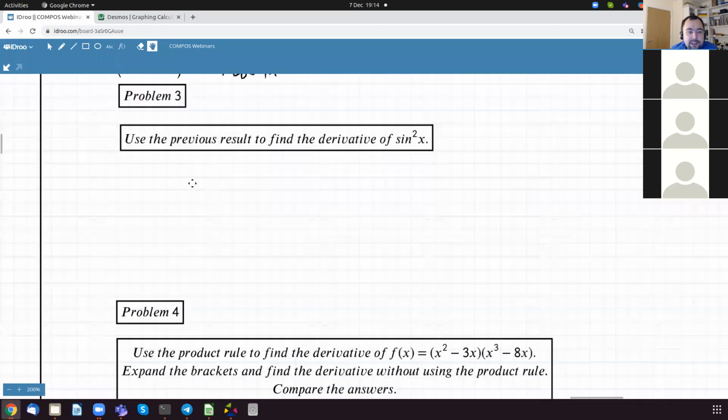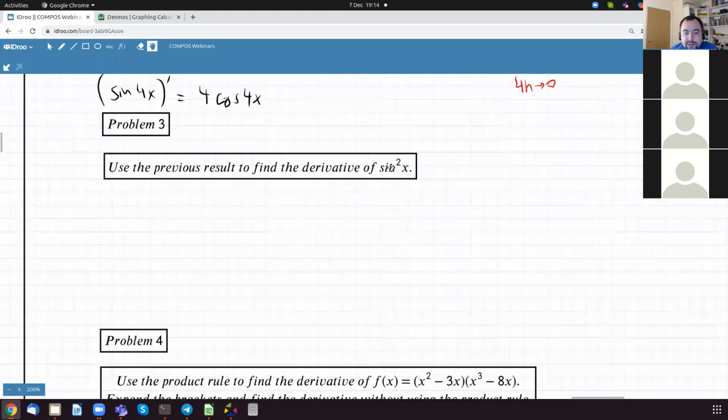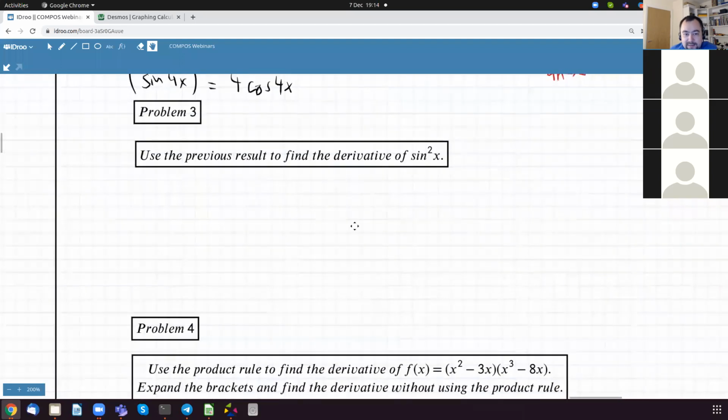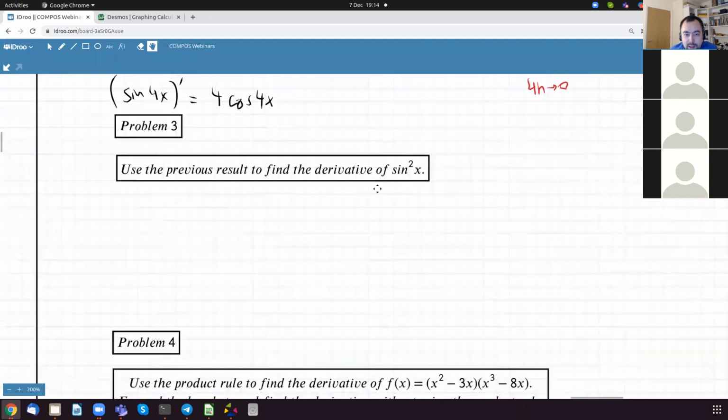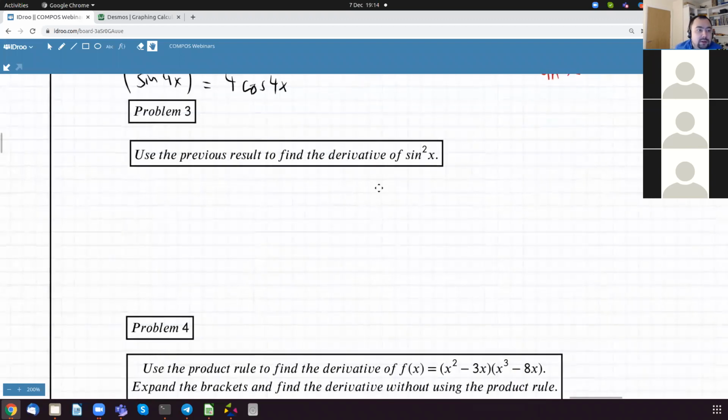And then they said, use the previous result to find the derivative of sine squared x. Sine squared x. Well, we need some trigonometric identities. You need to simplify it. So we take cos 2x. We know that cos 2x is equal to 1 minus 2 sine squared x.